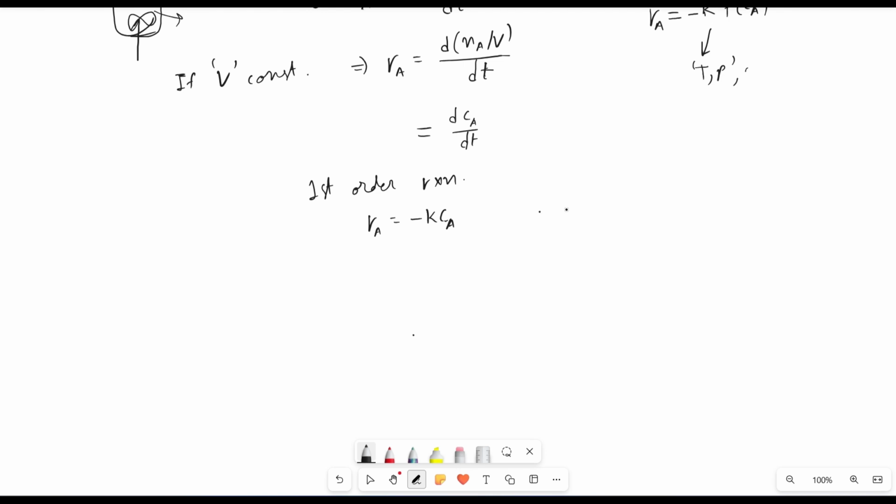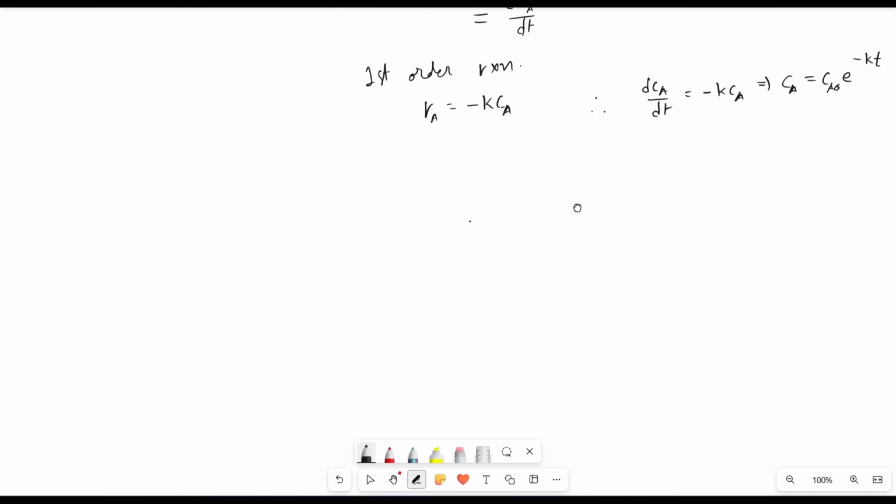So for a batch reactor, we will get dCA by dt is equal to minus K CA, which can easily be integrated and an expression of this form can be written. This is time. So this gives a rough idea of a batch reactor.